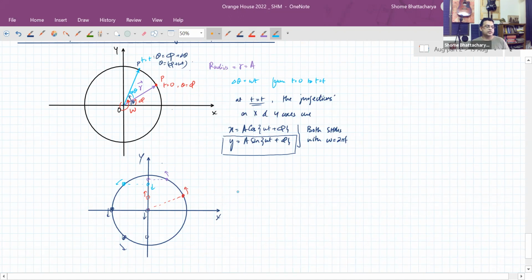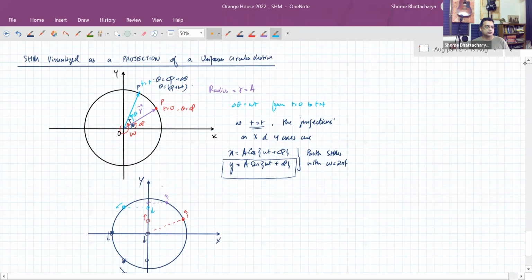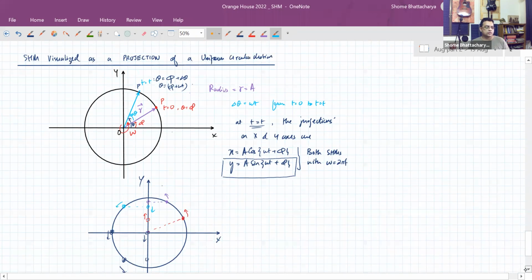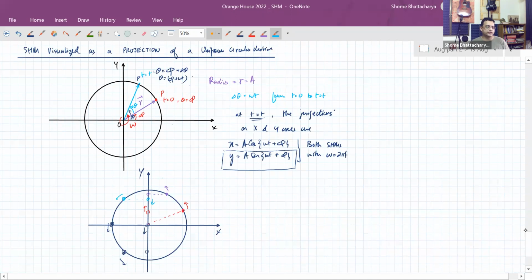This is an easy way to understand the initial phase also. It's an easy trick to solve for the initial phase in a question like the previous question we were doing.